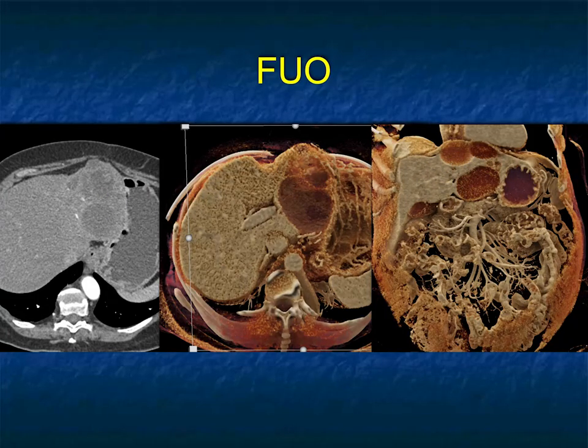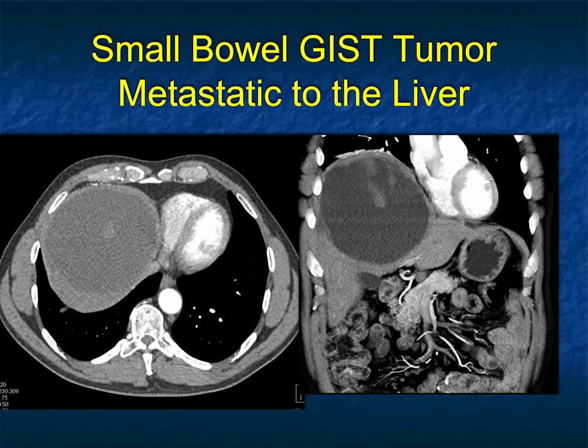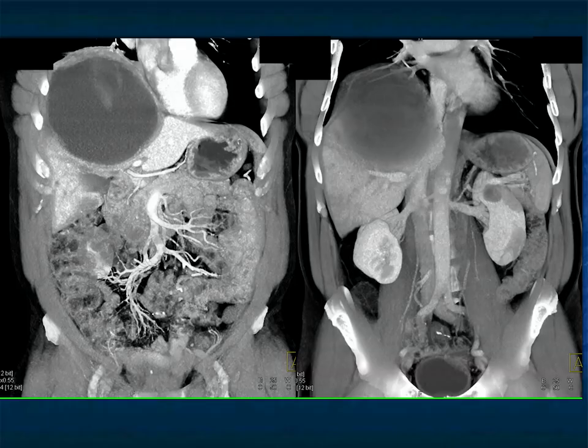What could this be? It's not going to be just a simple cyst. This looks like a cystic tumor. Remember I mentioned that cystic tumors can be sarcomas. They can be GIST tumors like here, where there's wall thickening, enhancement in the lesion, mass effect, some vascularity.